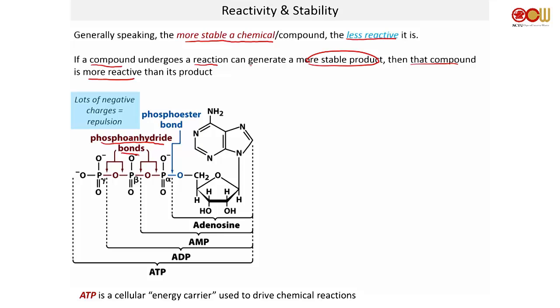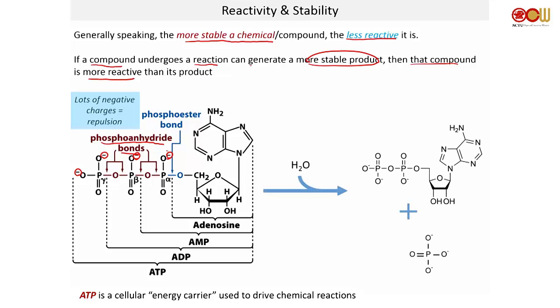One of the reasons phosphoanhydride bonds are not very stable is that they have a lot of negative charges. According to Coulombic interaction, a lot of negative charges next to each other is a bad idea, because negative charges repel, so this molecule itself has a lot of energy inside. Make sense?